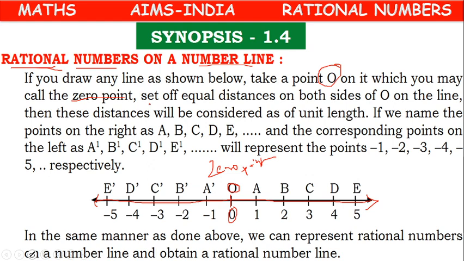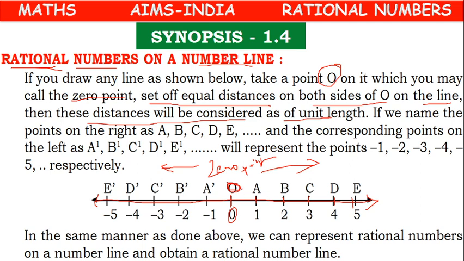Next, we have to set off equal distances on both sides of O on the line, and these distances will be considered as unit length. That means to the right side of O and to the left side of O, we have to set off equal distances 1, 2, 3, 4, 5 like that.